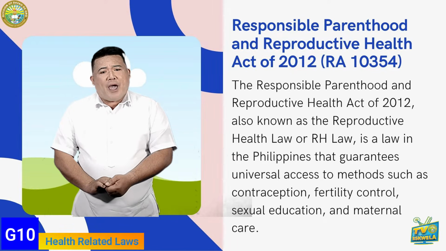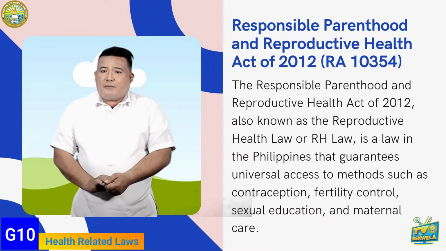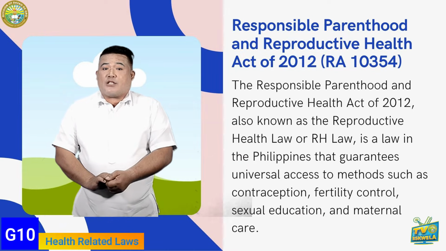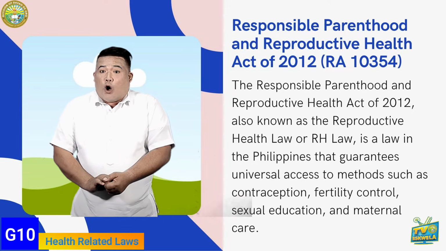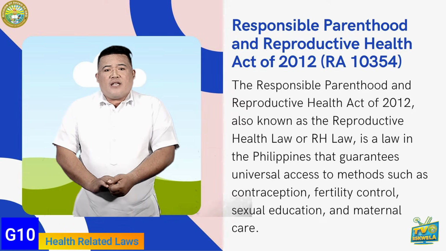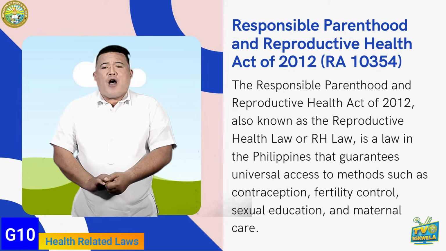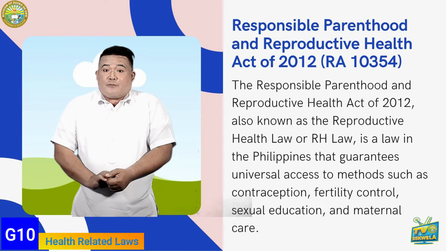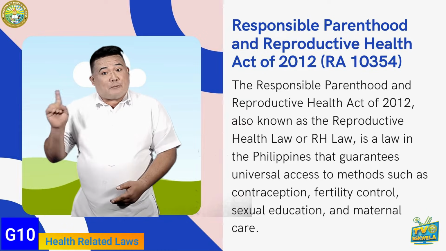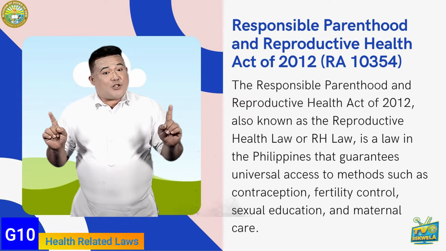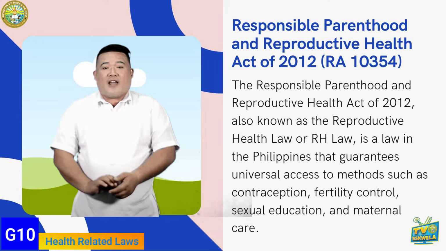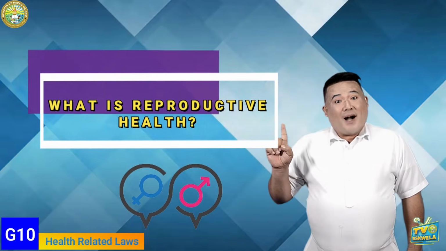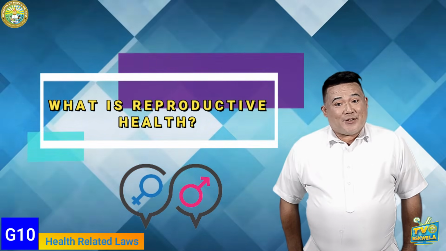The Responsible Parenthood and Reproductive Health Act of 2012, also known as the Reproductive Health Law or RH Law, is a law in the Philippines that guarantees universal access to methods such as contraception, fertility control, sexual education, and maternal health care. What is reproductive health?